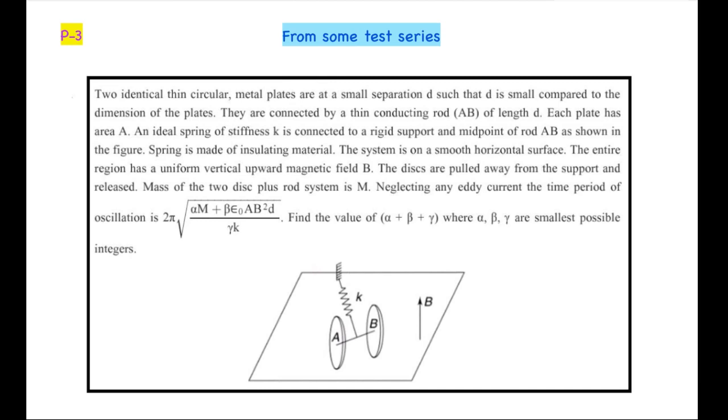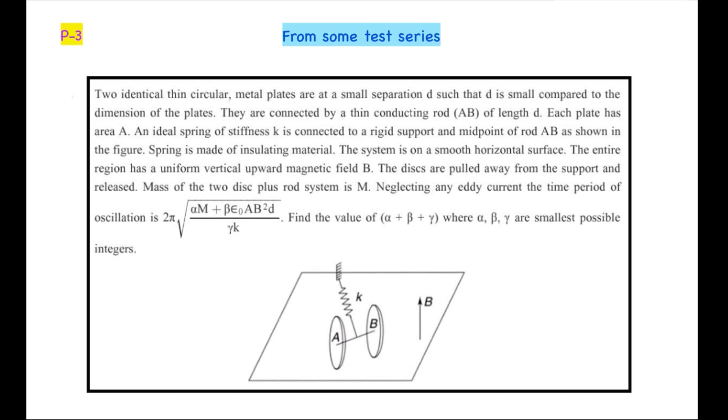Two identical thin circular metal plates are at a small separation d, such that d is very small compared to the dimensions of the plate. They are connected by a thin conducting rod AB of length d. Each plate has an area A. An ideal spring of stiffness K is connected to a rigid support and the midpoint of rod AB as shown in the figure. The spring is made of insulating material.